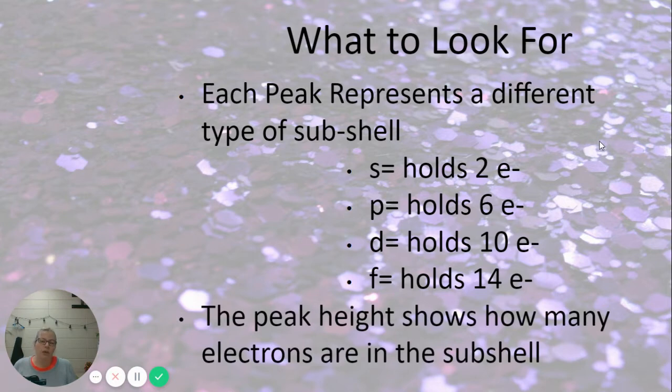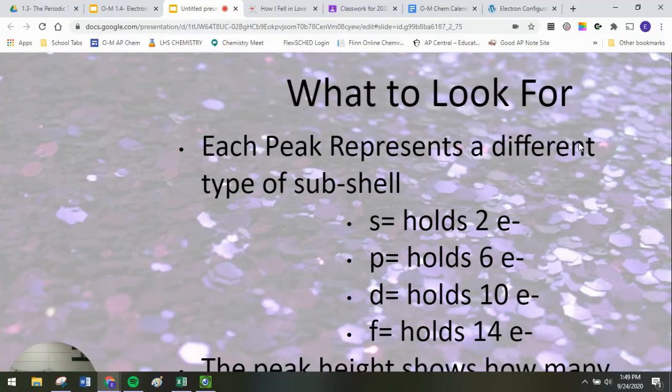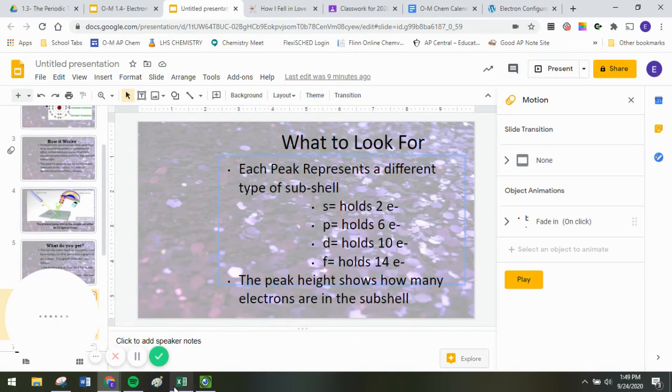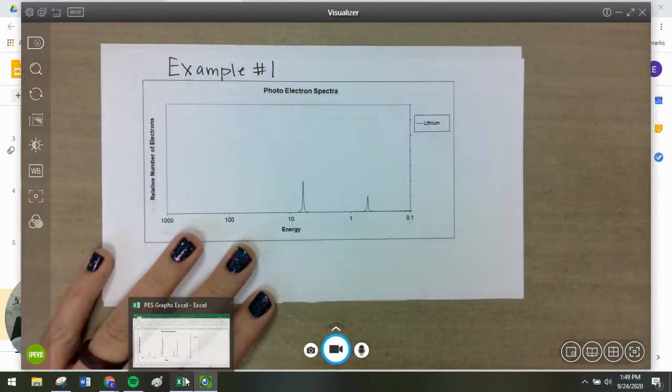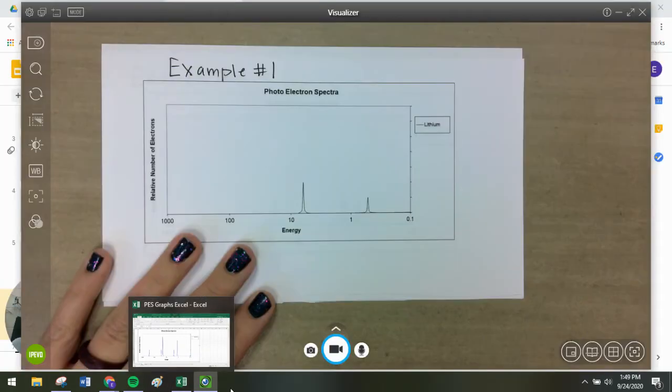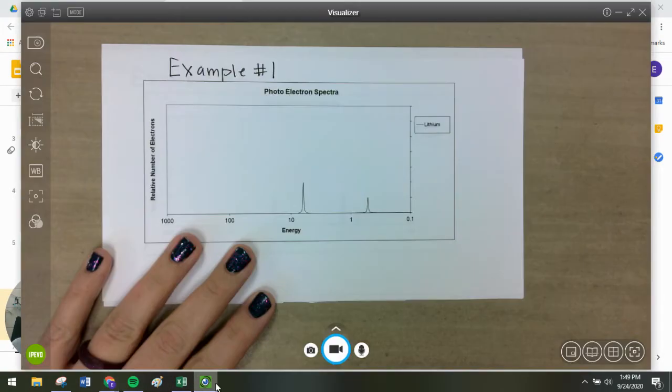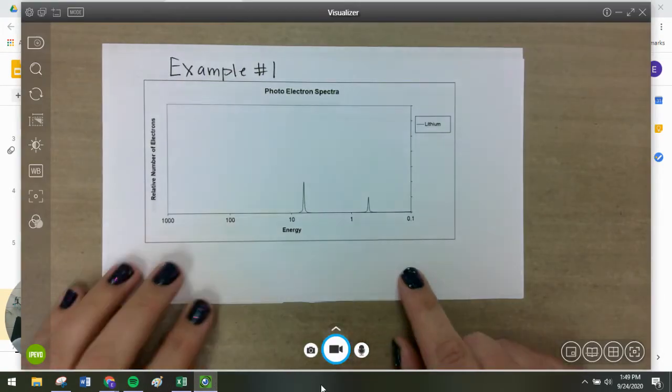When we look at our graph, the peak height is going to show us how many electrons are in that subshell. So we are going to go through some examples, and hopefully that will make things a little bit clearer. Example number 1.